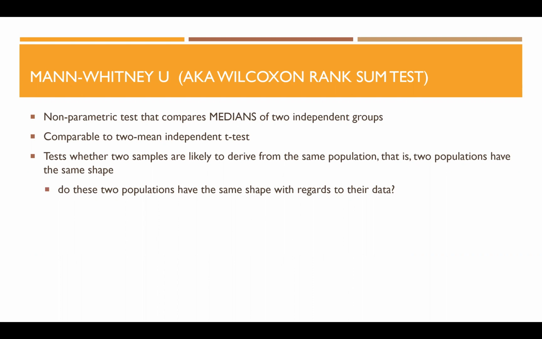That is, the two populations have the same shape. Okay, so the question that you're kind of asking is, do these two populations have the same shape with regard to their data? Are they both skewed left, or are they both skewed right, or are they both uniform? Do they have that common shape?